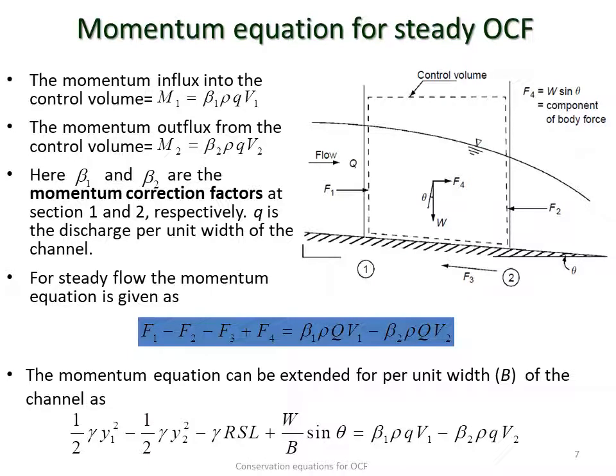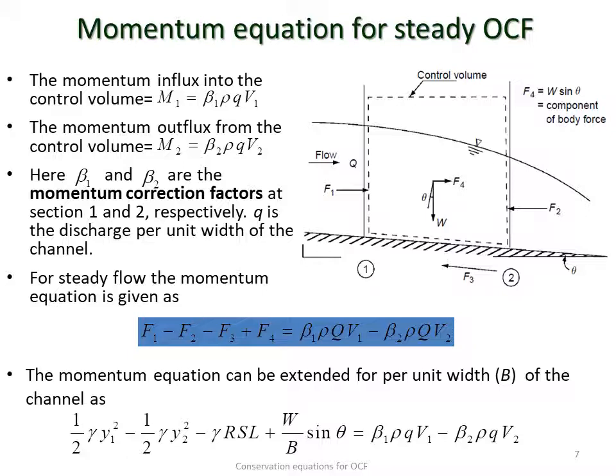Now the momentum influx into the control volume can be given as capital M1 equal to beta 1 into rho into small q into V1, where rho is the density of the fluid, q is the discharge per unit width, V is the mean velocity at section 1, and beta 1 is the momentum correction factor at section 1.